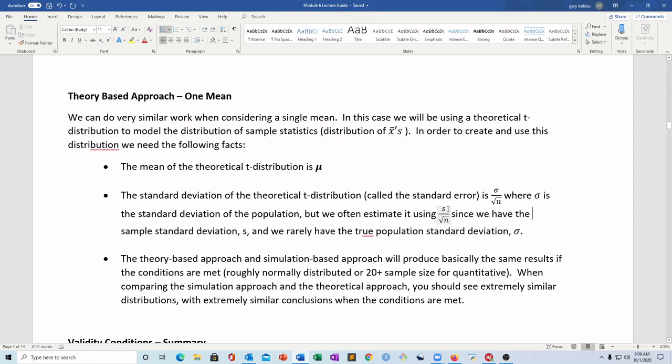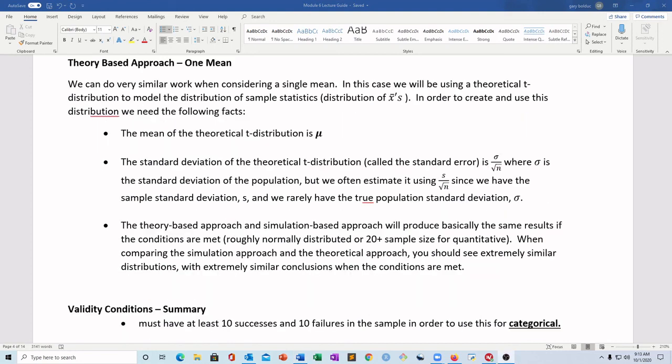Just because we almost never can know the true standard deviation of the population, so we've got to use just our sample. So this again is another approximation, but generally works pretty well. We can use this theory-based approach, and it'll be similar to our simulation-based approach, and the results will be similar as long as we have the conditions met.